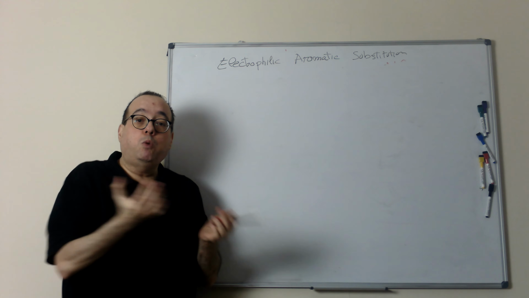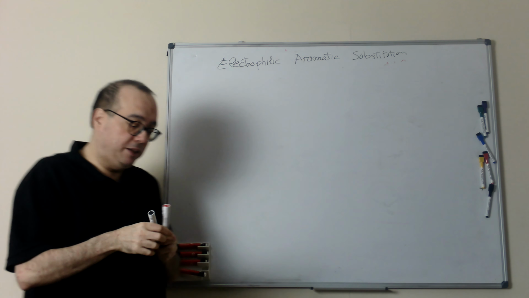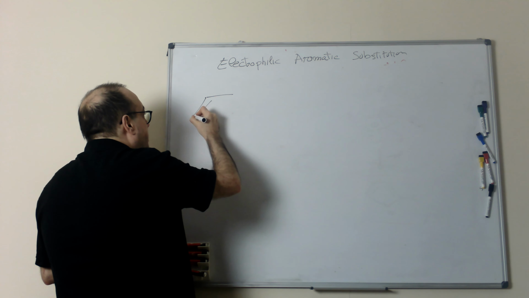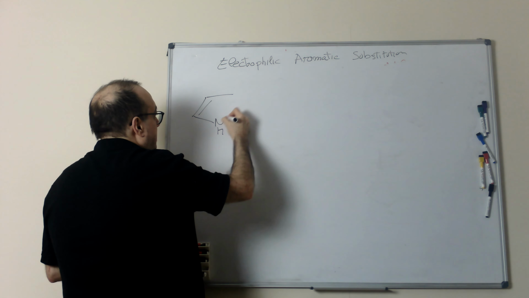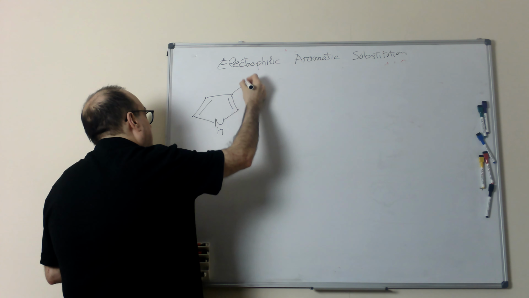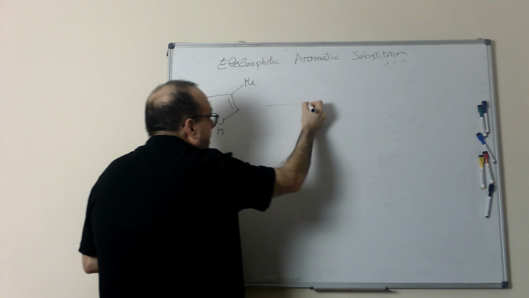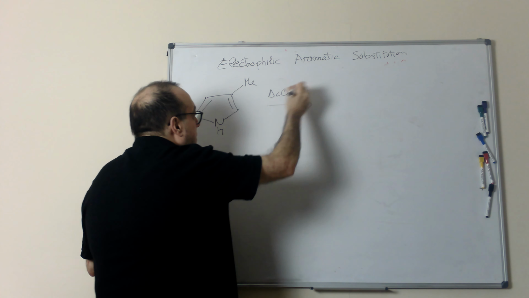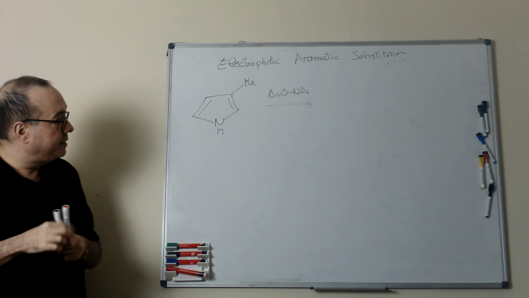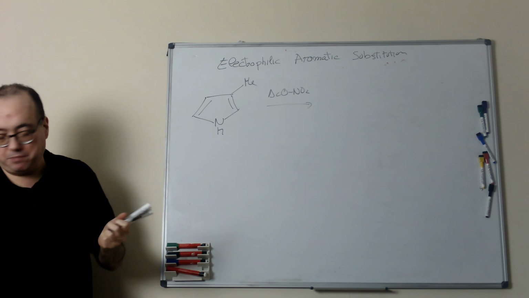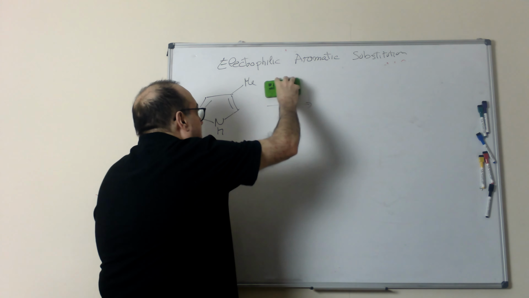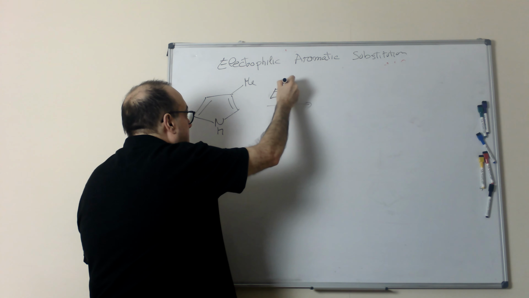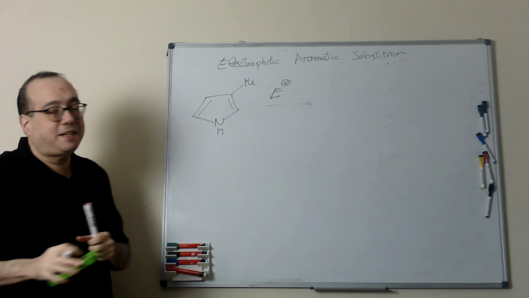But what happens if we have other substituents? For example, what happens if we have this compound and we try to add an electrophile? Better to put general. What is happening?